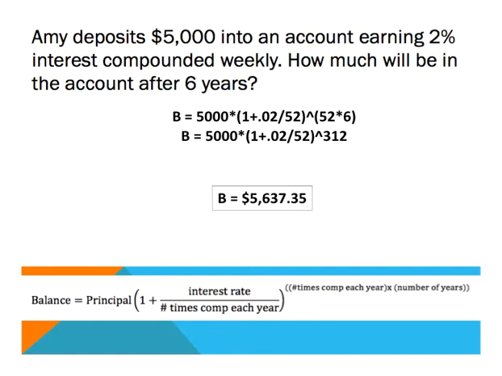I'm just going to plug that in one more time to make sure I didn't mess anything up. Yep, that looks good. So that's going to be our answer for our balance in our account.